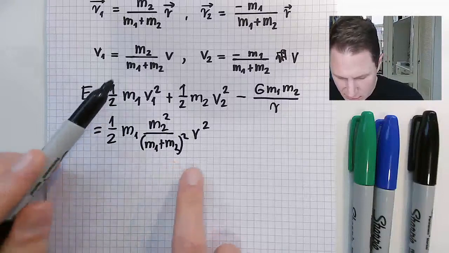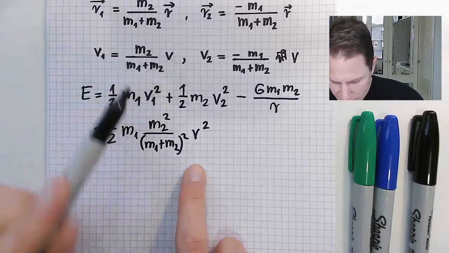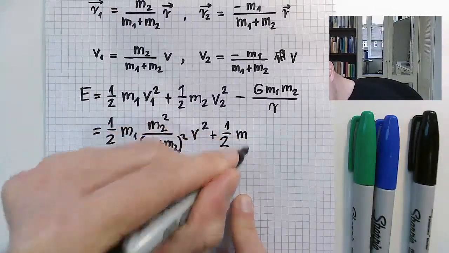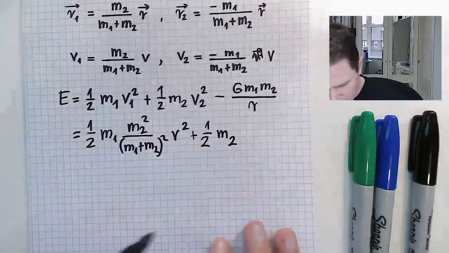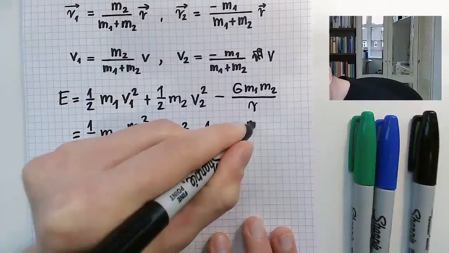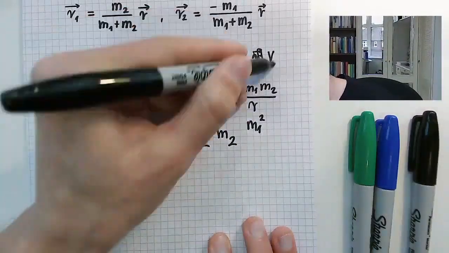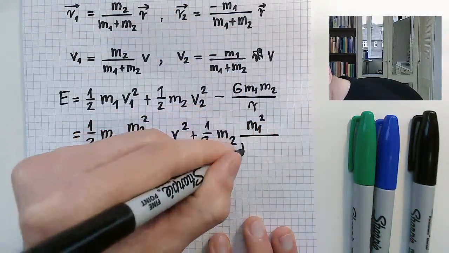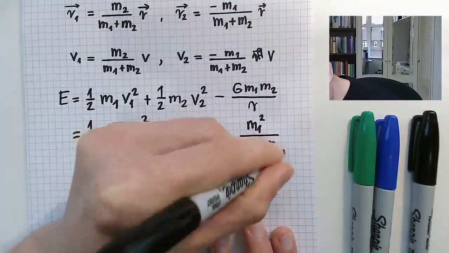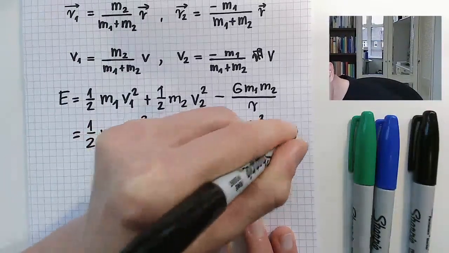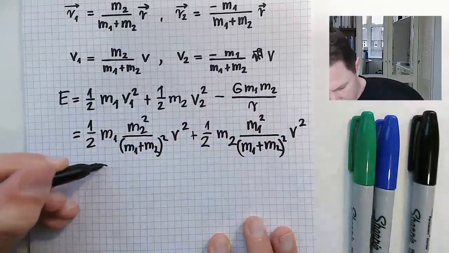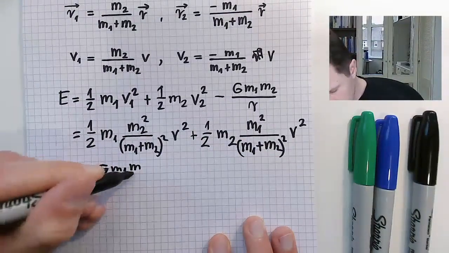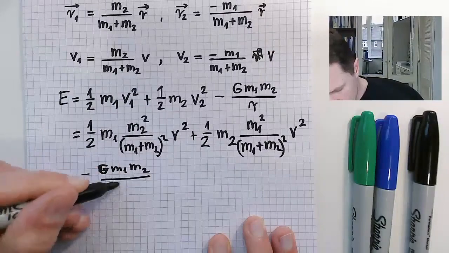Okay, so this is just v1 squared plus 1/2 times m2 times m1 squared, because I'm squaring the right hand side of this equality. So m1 squared over m1 plus m2 squared times v squared, and then of course I have to subtract the gravitational potential.